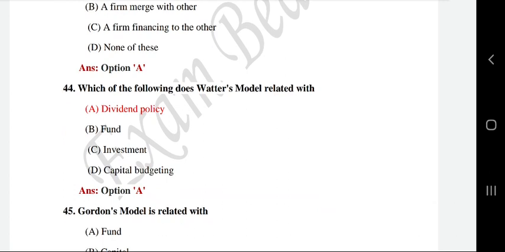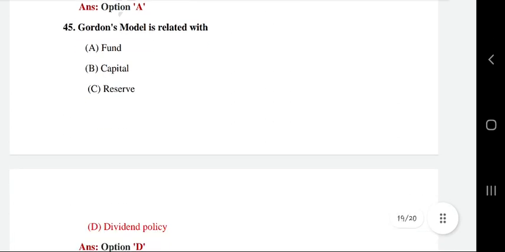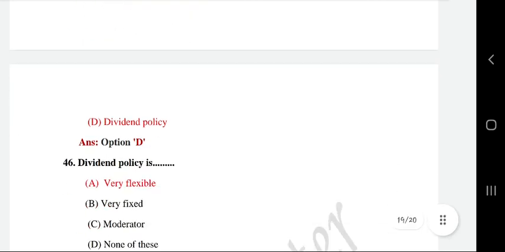Question number 44: which of the following is related with dividend policy? Walter's model is related with the dividend policy. Gordon's model is also related with the dividend policy.